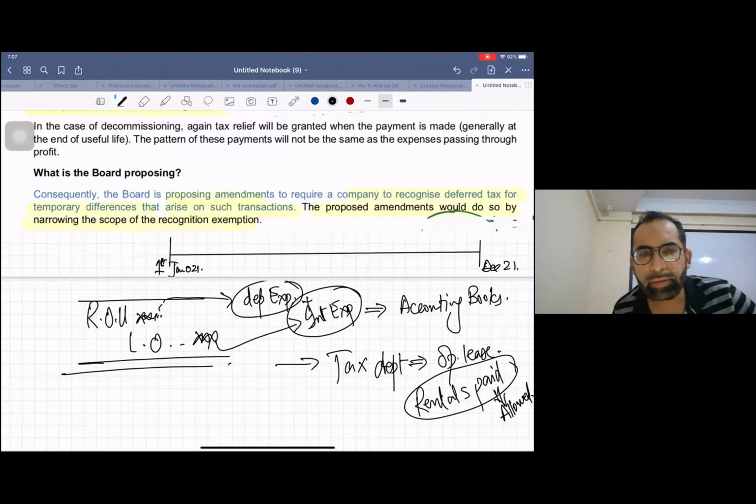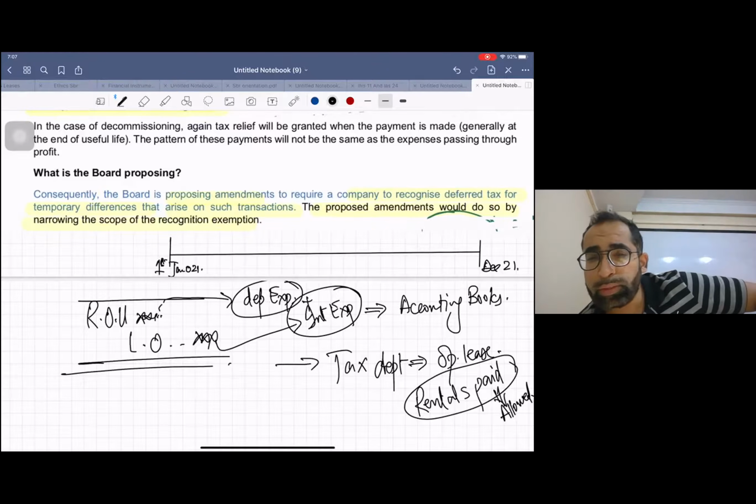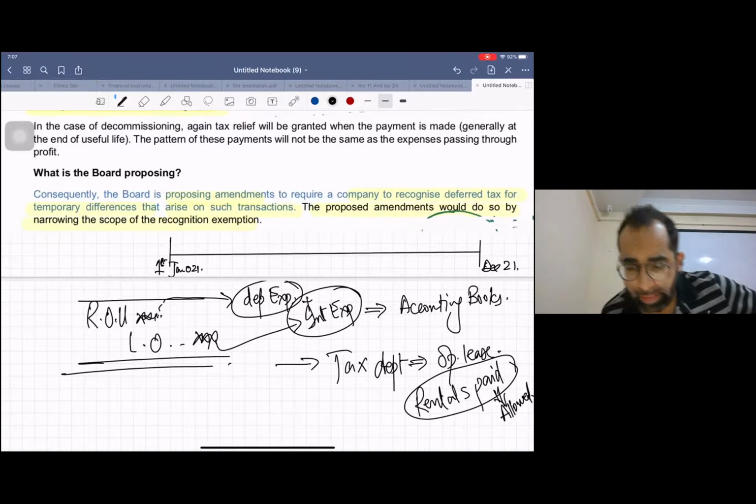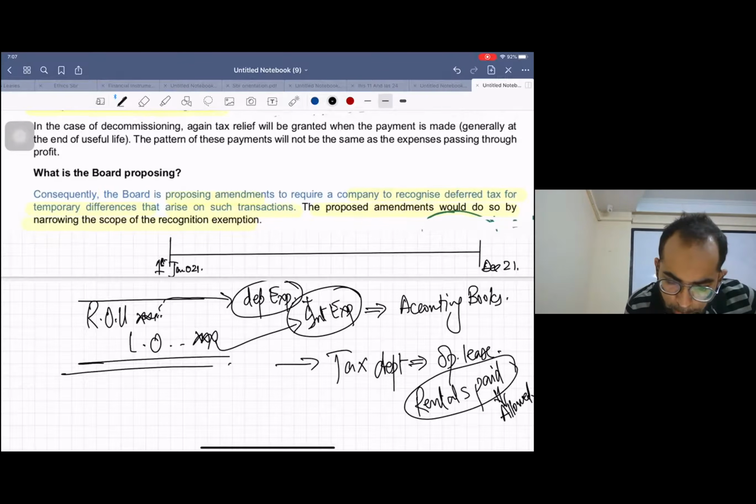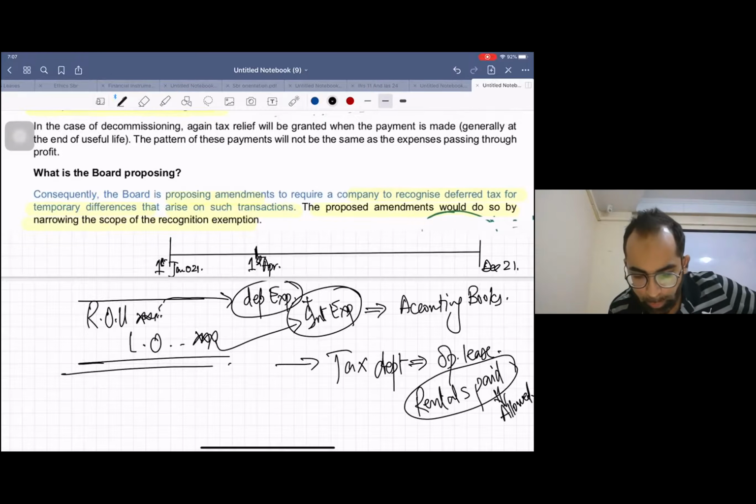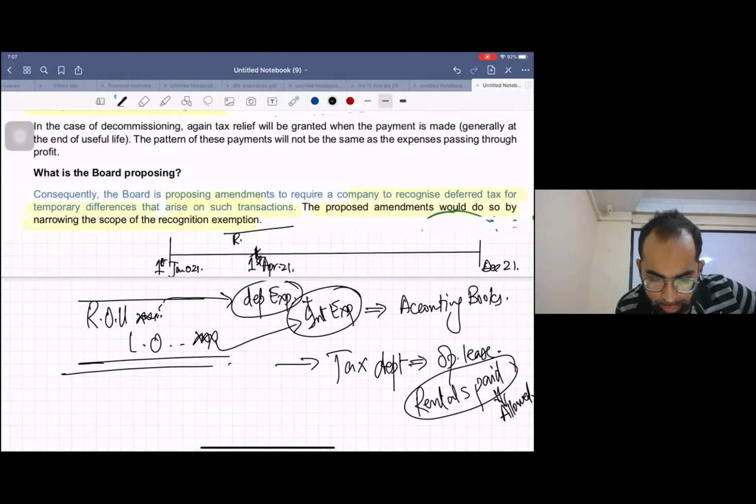This is your accounting period, 1st January 21 to 31st December 21. Let us say you took an asset on lease on 1st April 21. On day one you made the entry: ROU debit and lease obligation credit.